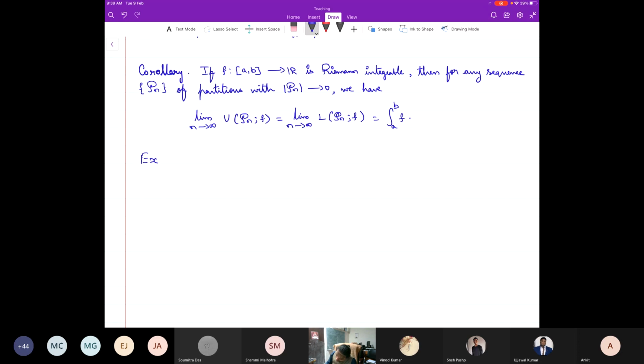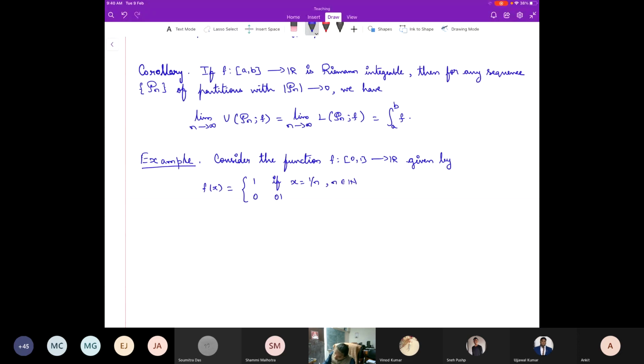Now let's look at some more examples. Consider the function f from [0,1] to R given by f(x) equal to 1/n if x = 1/n, and 0 otherwise.